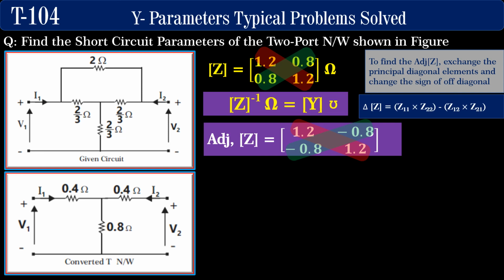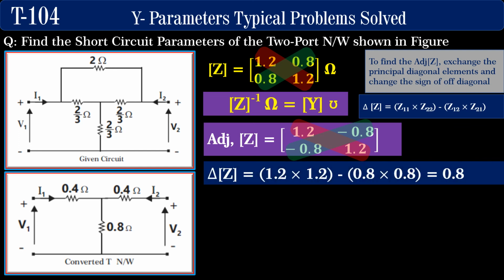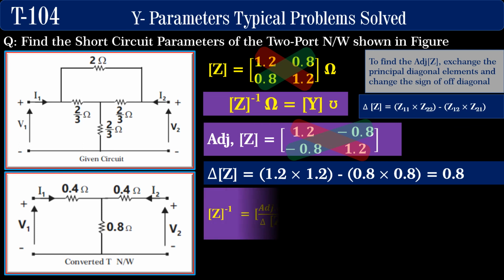But we also have to find delta Z. So, delta Z is equal to Z11 into Z22 minus Z12 into Z21. So, by substituting the values, we got delta Z is equal to 0.8.